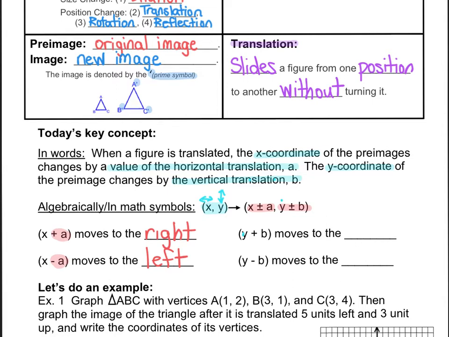If you add something to the Y, it's going to increase, so you would move up. If you subtract something from the Y, it's going to move down. I would say that this little piece right here is super important to remember. So you might want to highlight it or box it in or something so that you can refer back to that, because it's going to be super important.